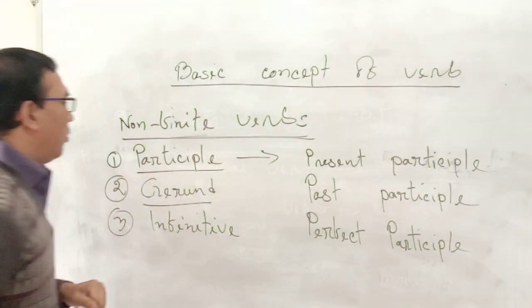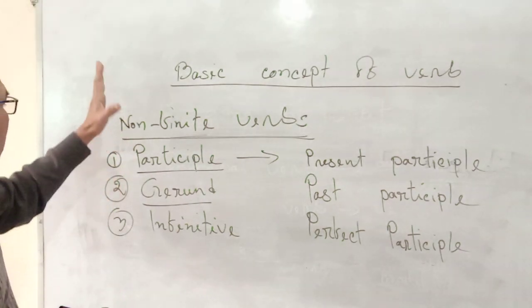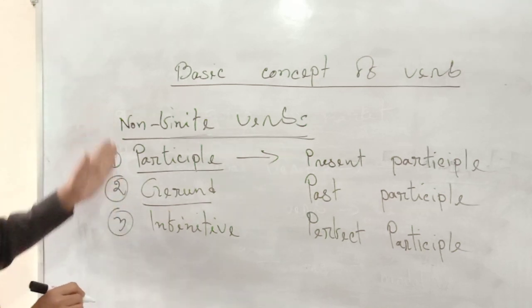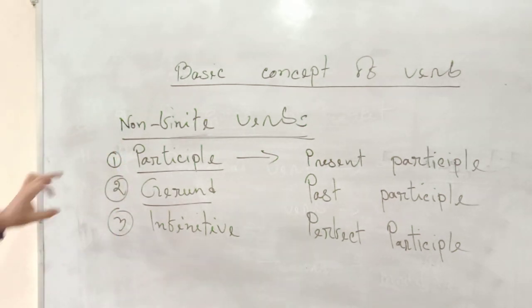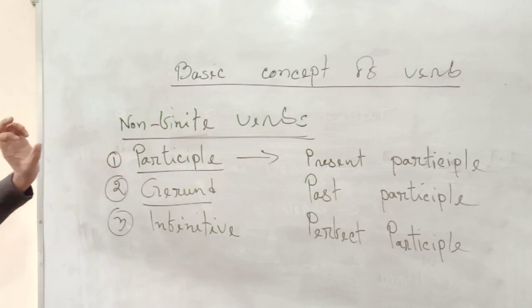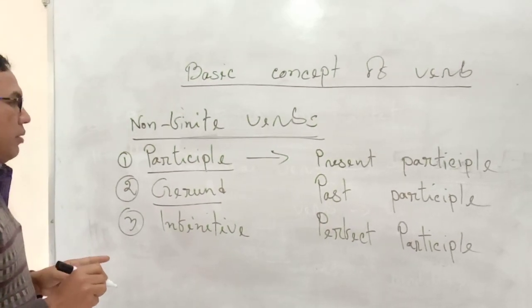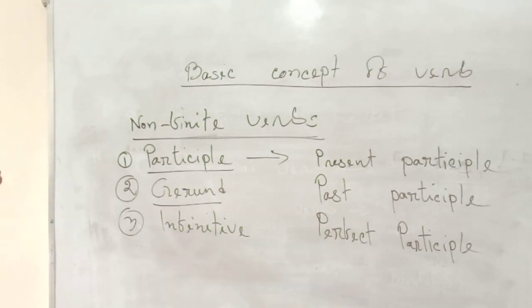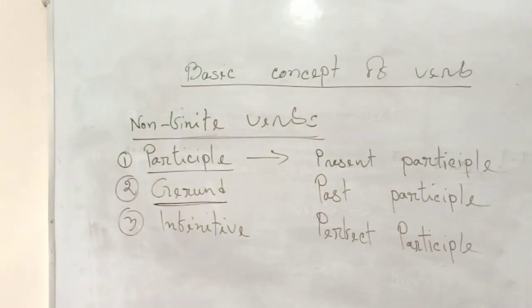So participle. What is a participle? We know this is a non-finite verb, as this is one type of non-finite verb. So we can define participle in this way: participle is a non-finite verb that works as an adjective. This is the important thing. Gerund is also a non-finite verb.